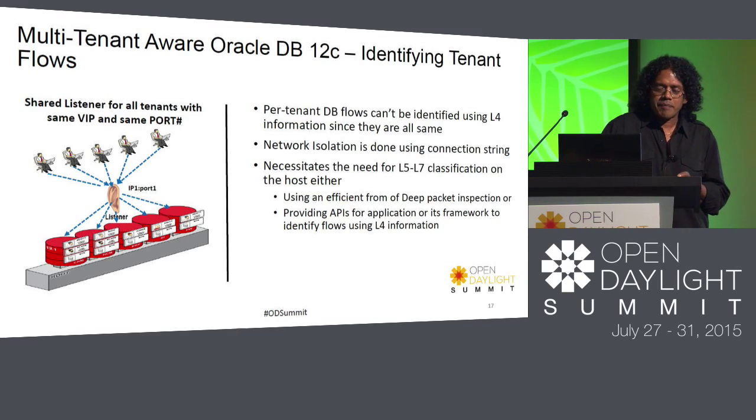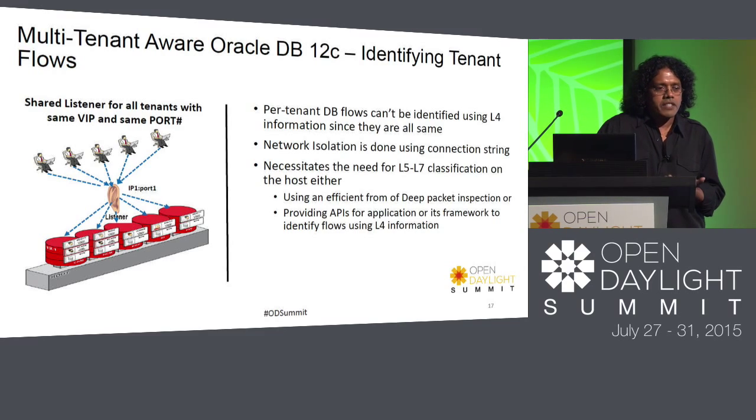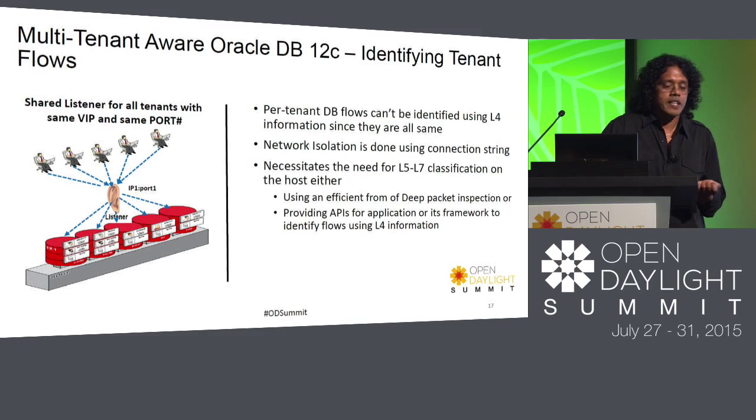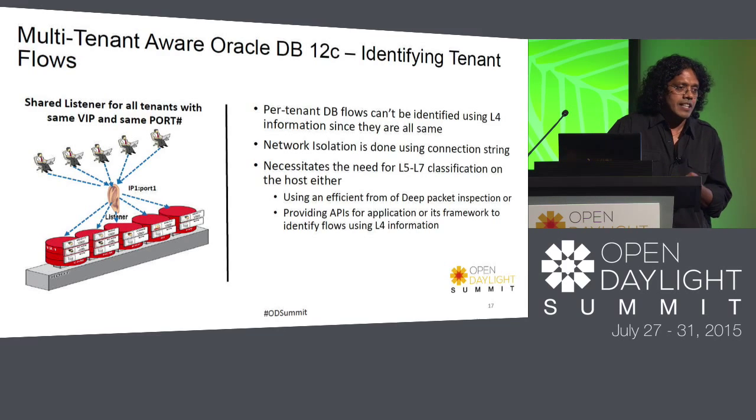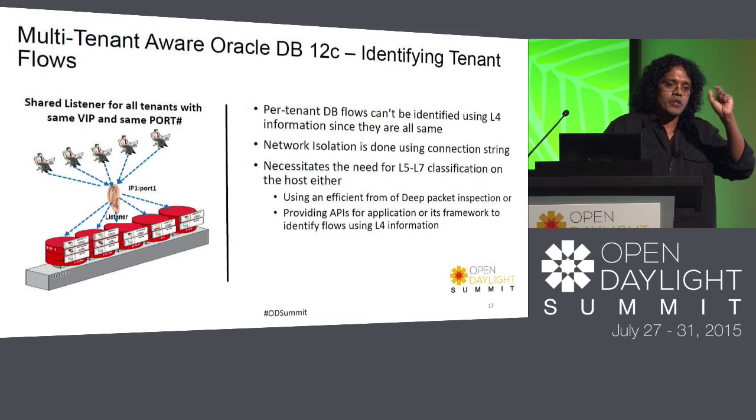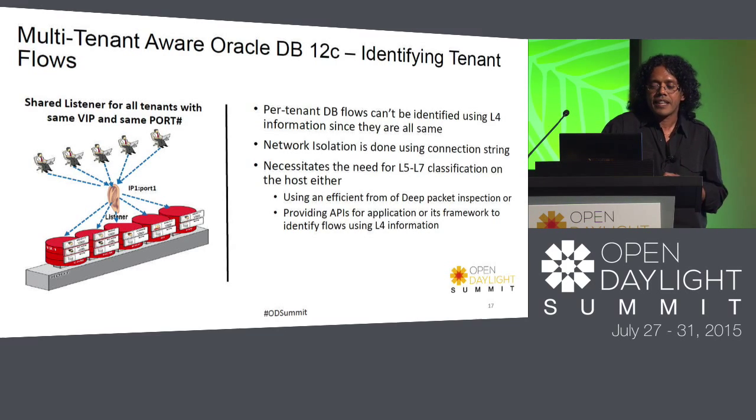So in this case, layer 4 is not very helpful, because pretty much all the tenants are going to classify to the same layer 4. What we want is more layer 5 to layer 7 classification in order to find out which backend tenant we want to work with.